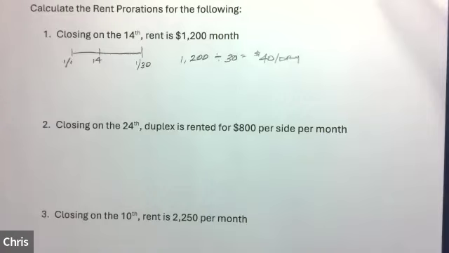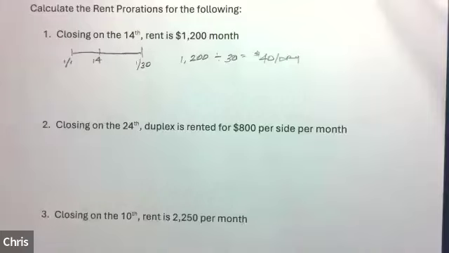You can see in this case, the $1,200 a month rent divided by 30, because there's 30 days in the month, is $40 per day. Now, while that is an interesting number, keep in mind the seller has the whole month, the whole $1,200 in his pocket. Well, that doesn't seem fair. The buyer is going to own it for part of the month. So it seems like it would be fair if the buyer were to receive the rent for the days that he owns the property in this month.